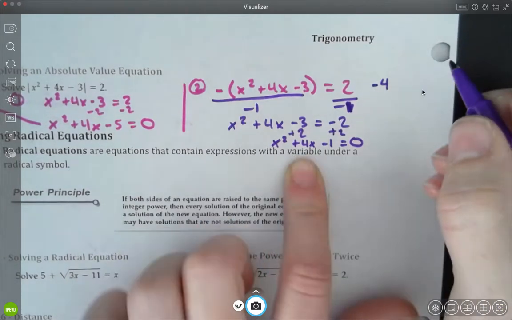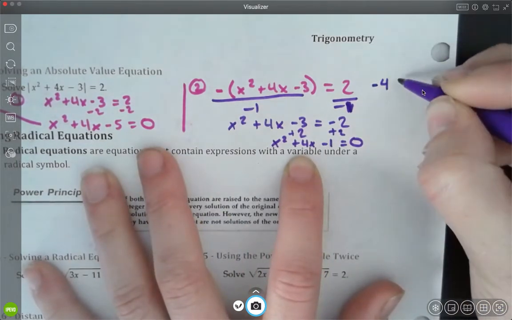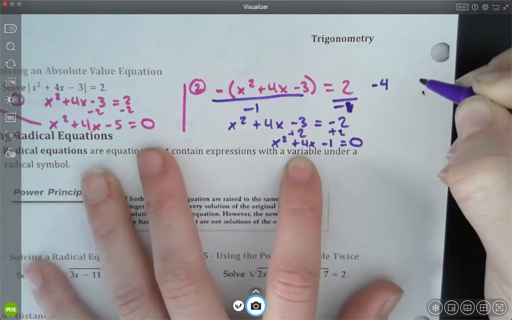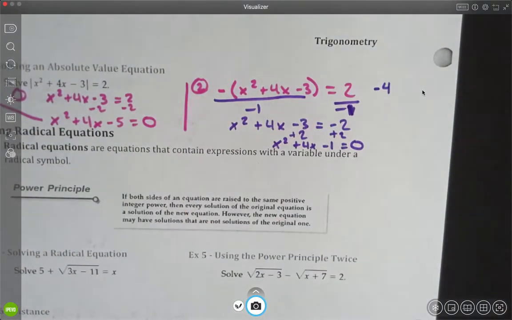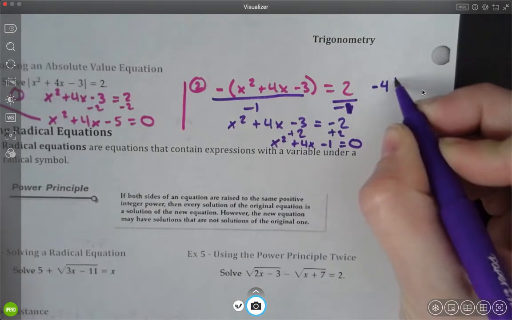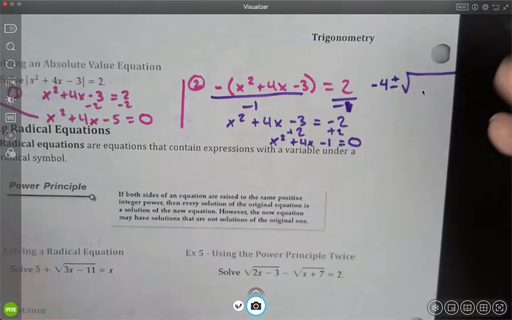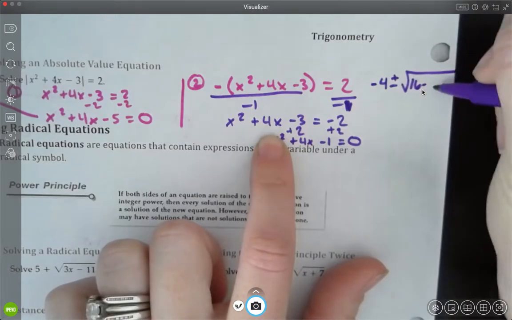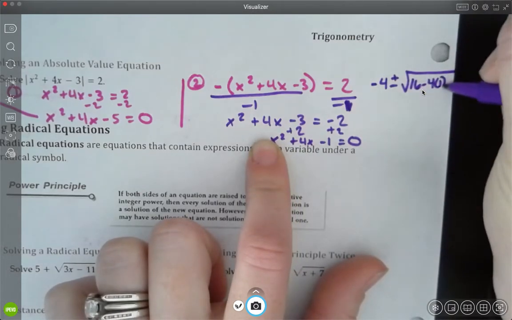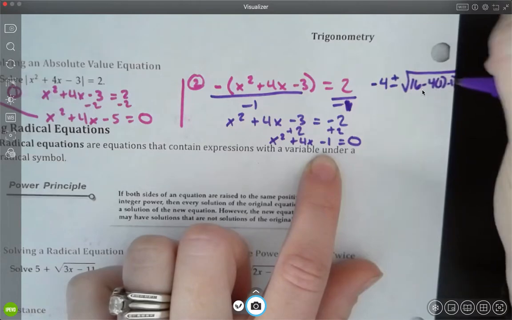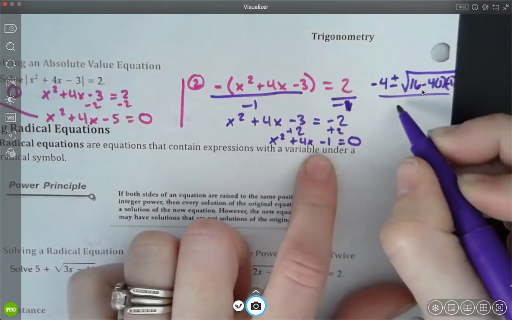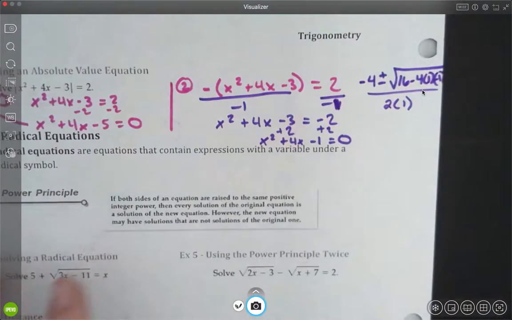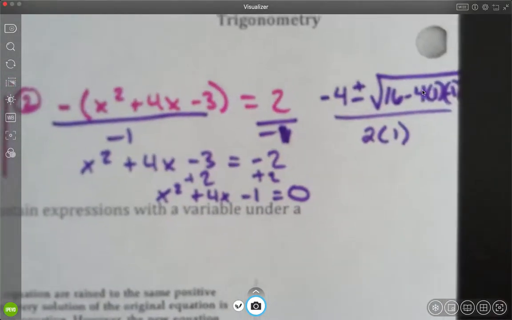Negative b, plus and minus the square root of b squared minus 4 times 1 times negative 1, all over 2 times 1. Okay, there's my quadratic.